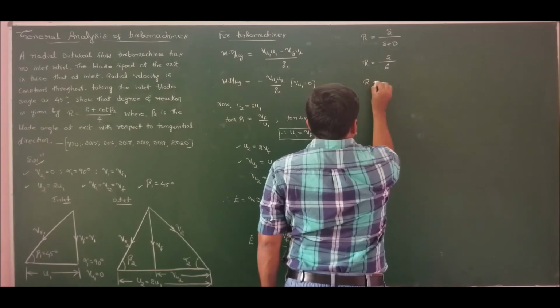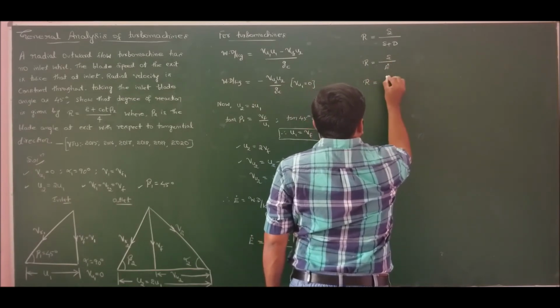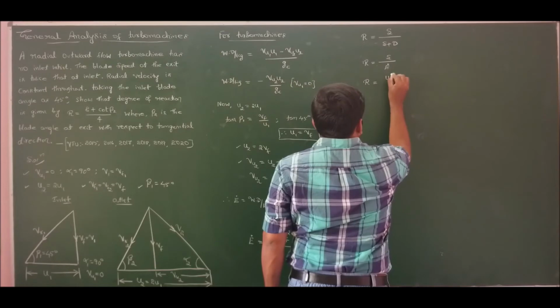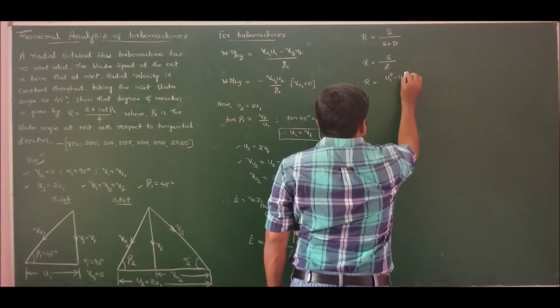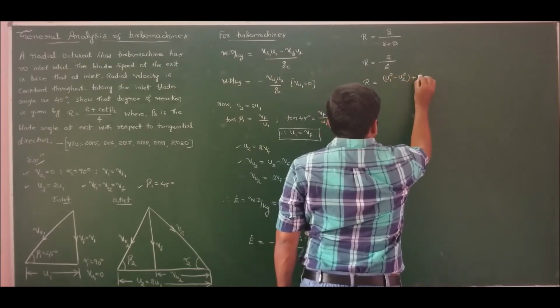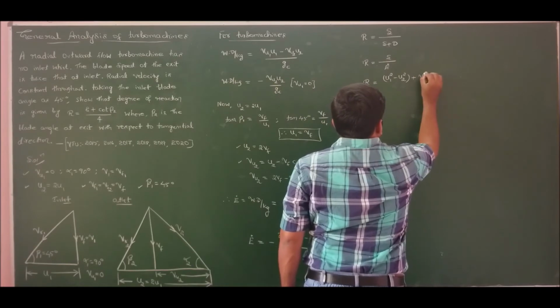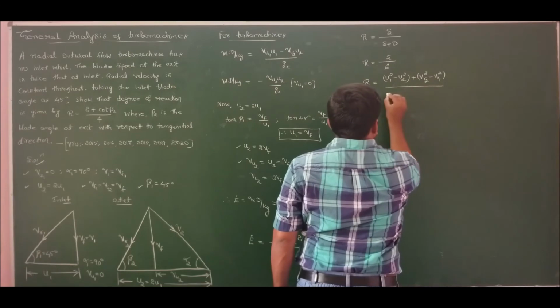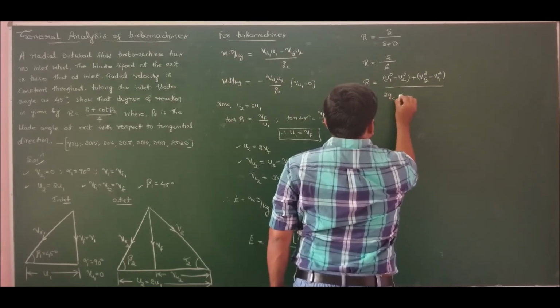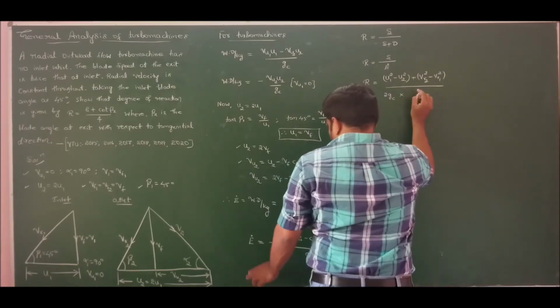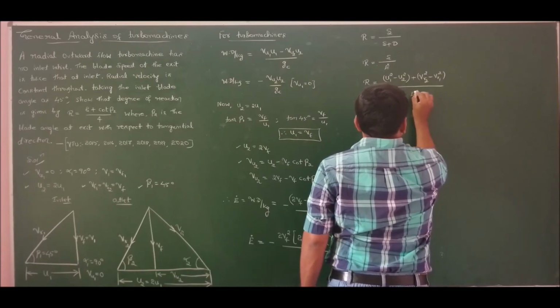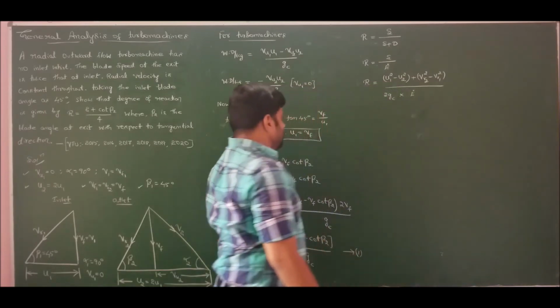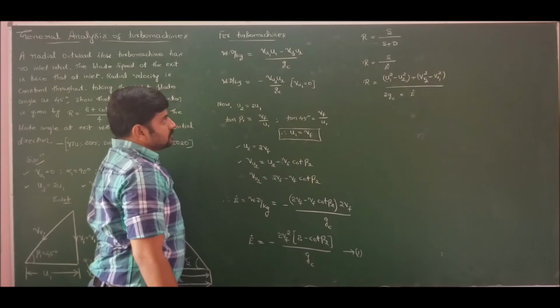Therefore R can be written as static component, given by (U1 square minus U2 square plus Vr2 square minus Vr1 square) whole divided by 2gc, into the energy transfer which we just derived, equation 1.